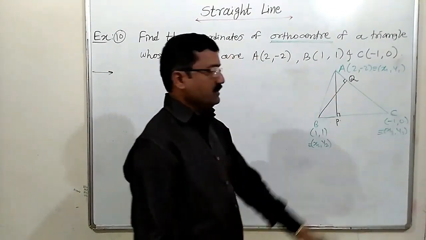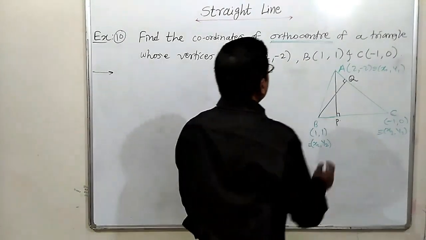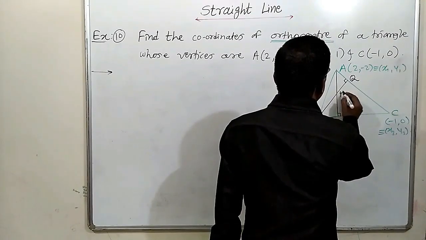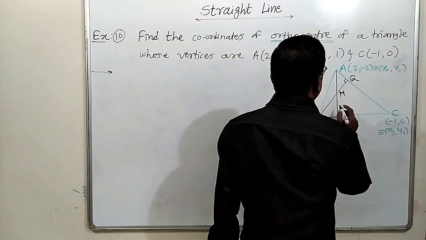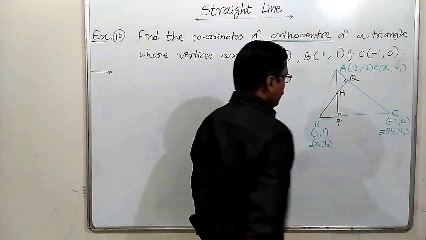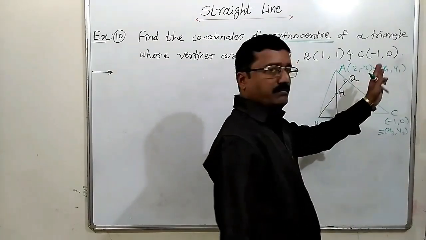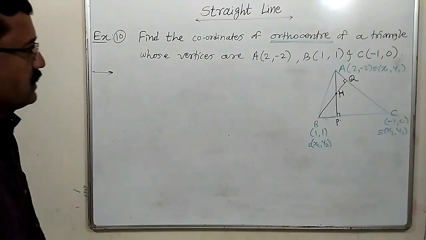From only finding these two altitudes, we can find the coordinates of the orthocenter. Let us call it H. So only find the equations of altitude AP and altitude BQ and solve those two equations to get the coordinates of the orthocenter. Let us start here.